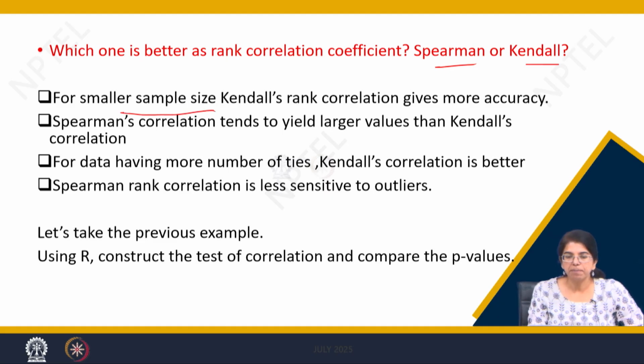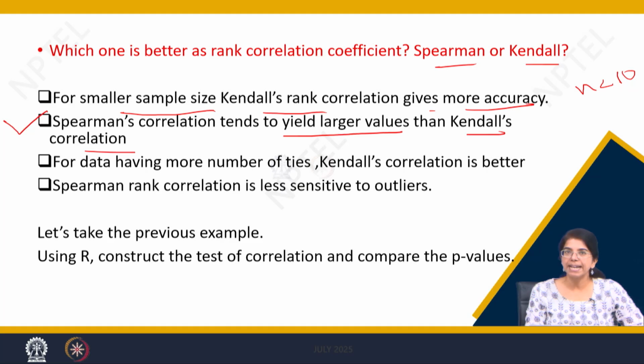For a smaller sample size, Kendall's rank correlation gives more accuracy. Suppose your sample is very small, less than 10, then it is recommended to use Kendall's rank. Spearman rank correlation tends to yield larger values than Kendall's correlation. This fact you can check with any example which we have done.